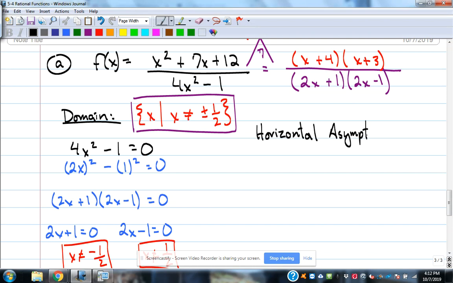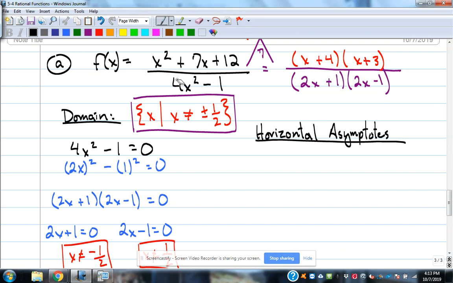So we look at the degree of the polynomial. What's the degree of the numerator? Well, it's 2. It's squared, right? Even if you multiply this out, the degree would still be 2. The degree of the denominator is squared, so they're the same.